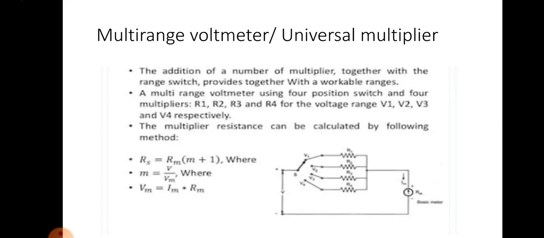These 4 resistances are used and a selector switch S is connected, which can select the required resistance depending upon the user's requirement. Now RS is equal to RM into M minus 1, where M is V upon Vm and Vm is equal to Im into Rm. So this is a multi-range voltmeter.